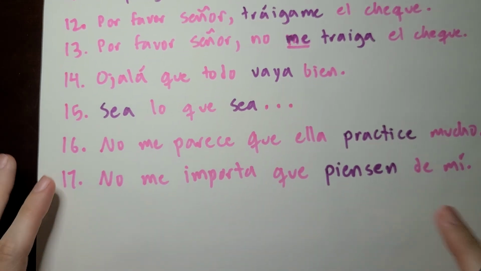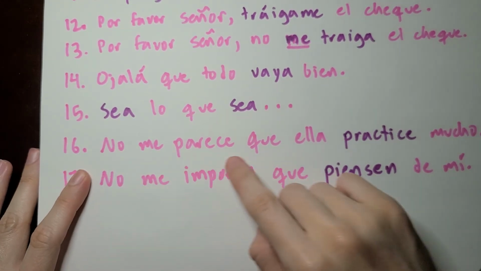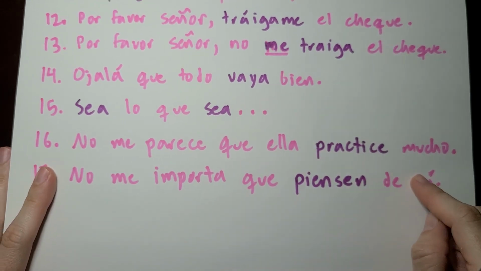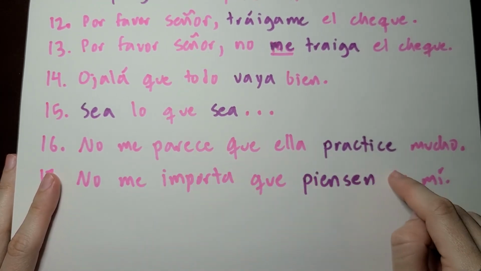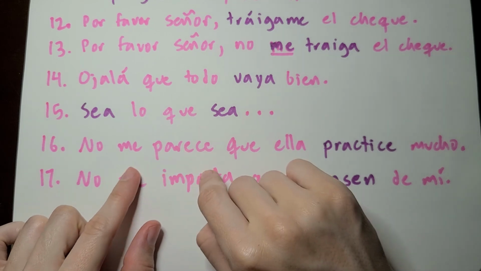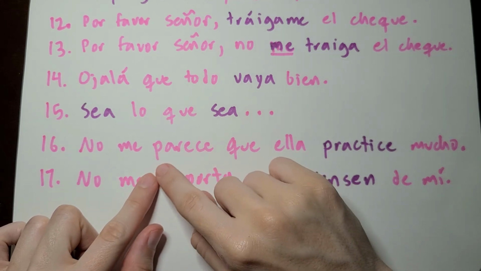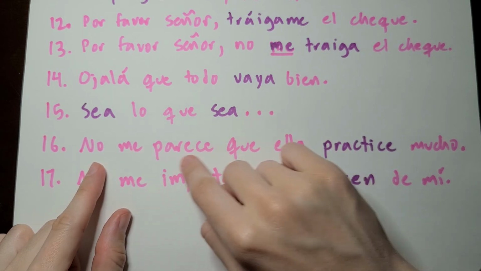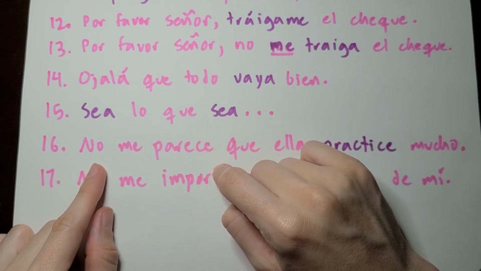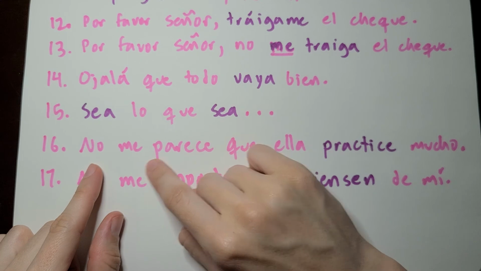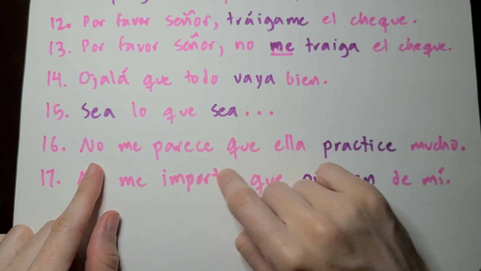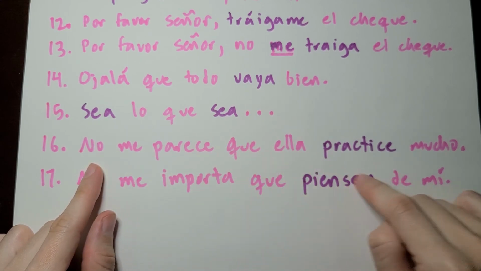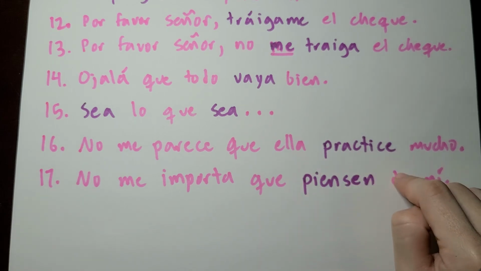Okay. 16. No me parece que ella practique mucho. It doesn't appear to me that she practices a lot. Parecer means to seem. I think that's a better way to put it. No me parece, it doesn't seem to me, que ella practique mucho, that she practices a lot.